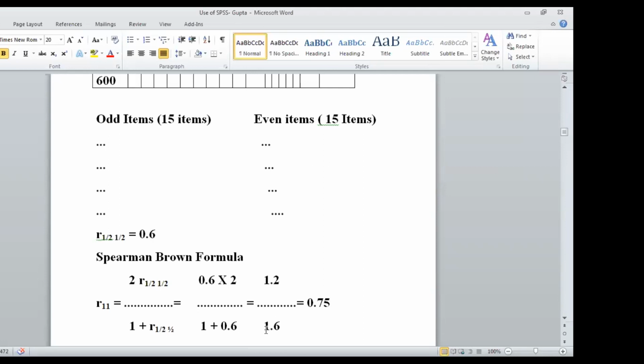So these are some of the problems when you want to establish the reliability with the help of the split half reliability method.